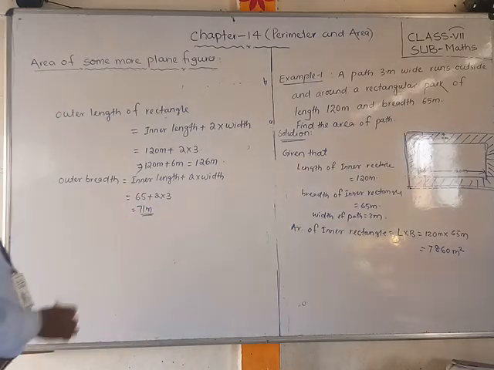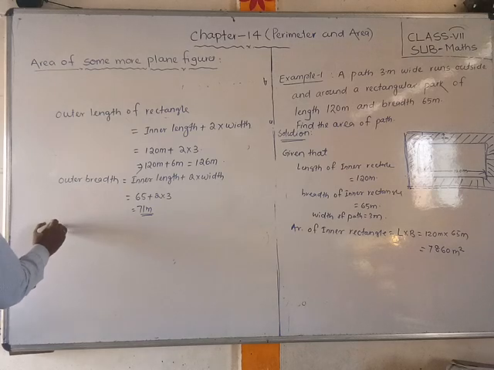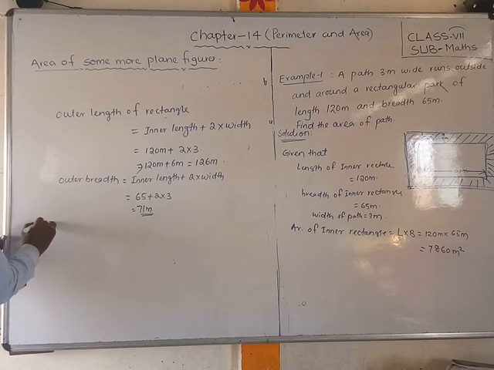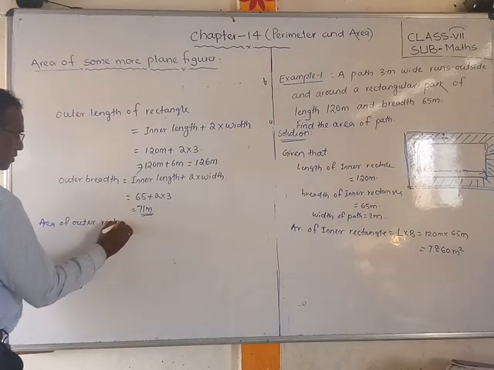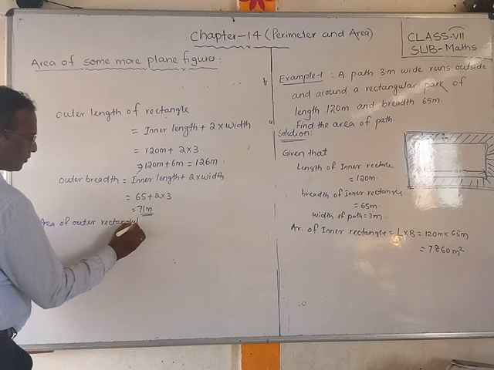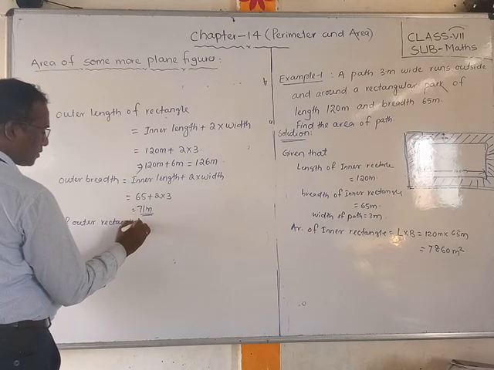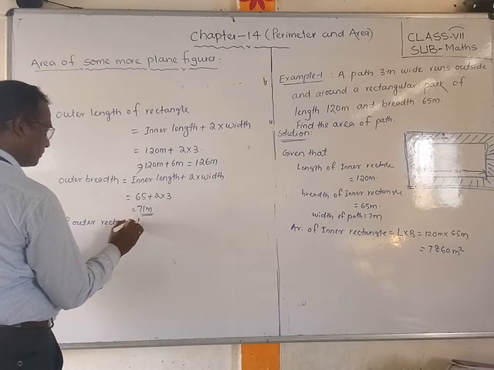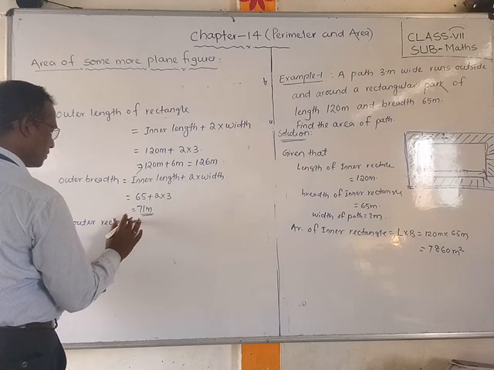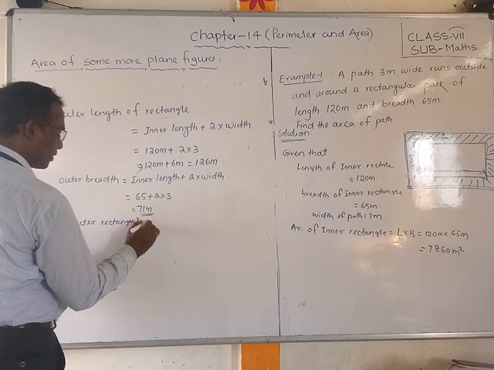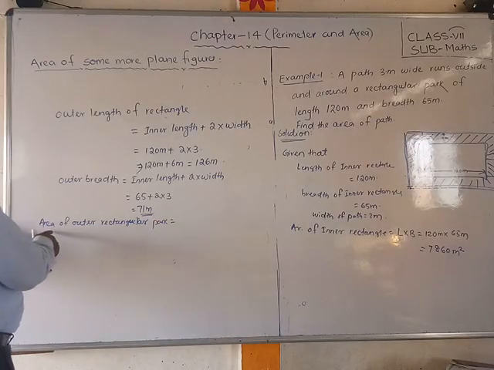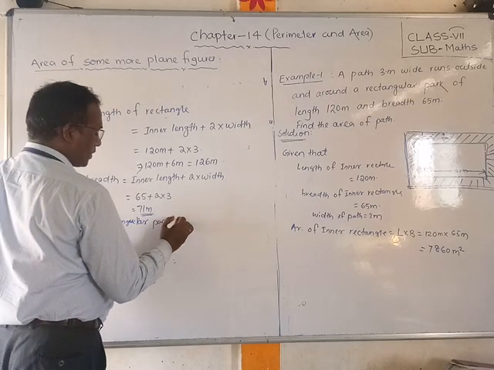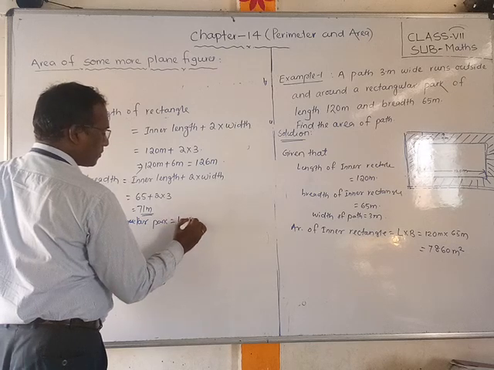Okay. Now area of outer rectangular part is equal to length into breadth.